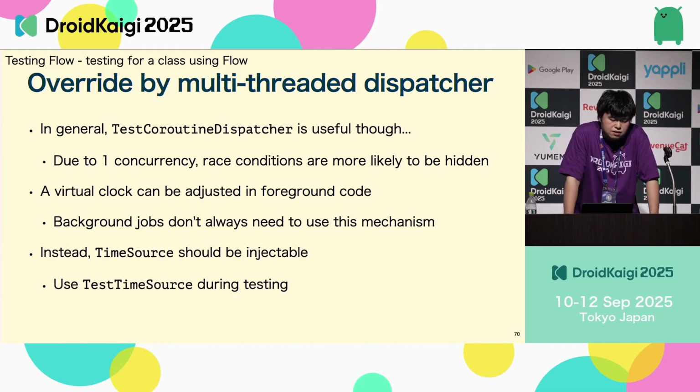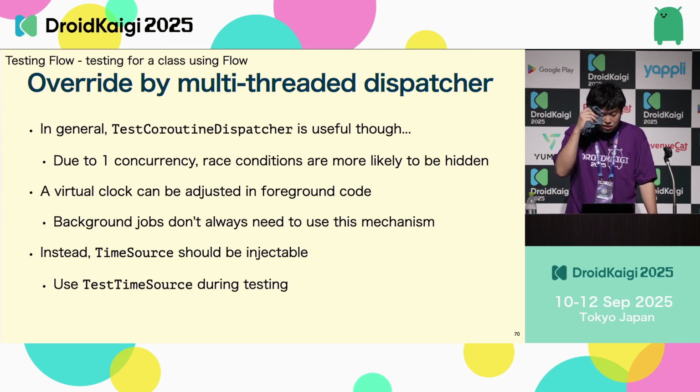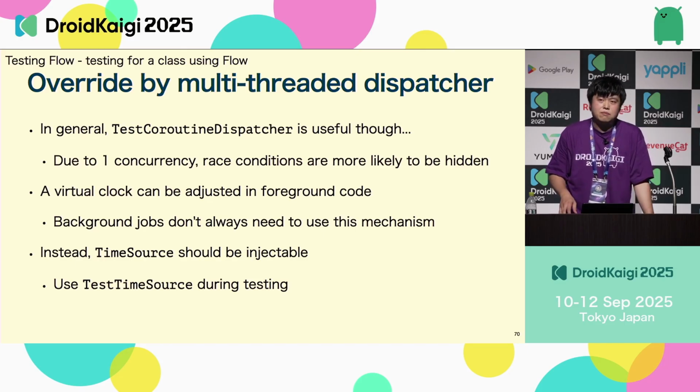The next tip is the last topic. I recommend using a multi-threaded dispatcher for flow testing. When you use a test scope, the default dispatcher will be an instance of a test coroutine dispatcher. It uses the virtual time source and replaces the delay implementation to use the virtual clock.